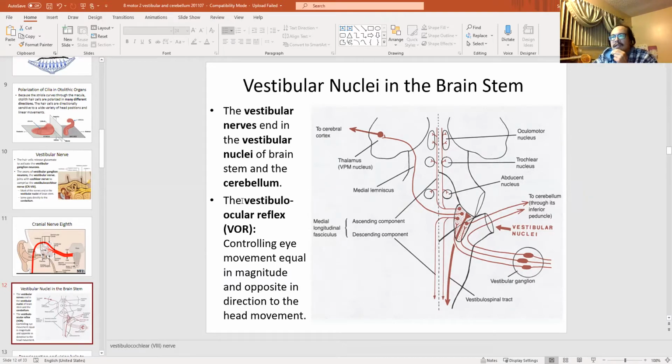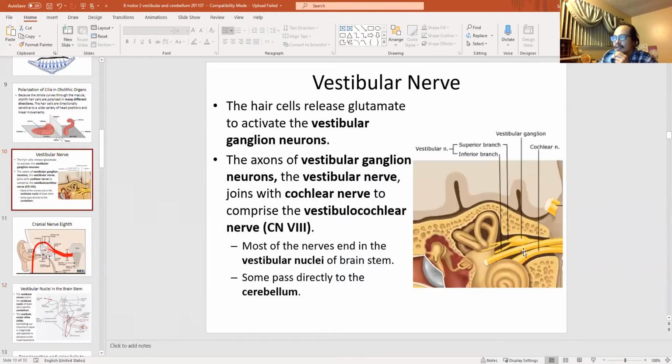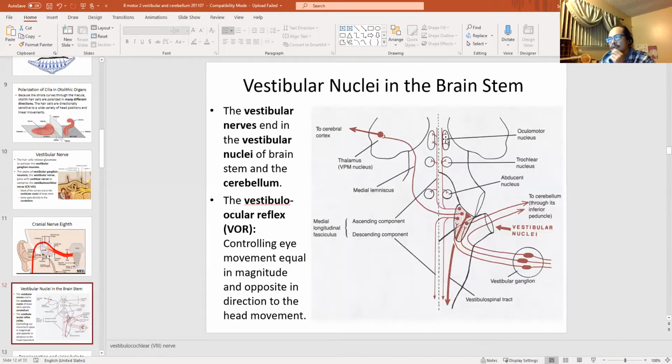The idea of the vestibulo-ocular reflex is that when we move our head, the first thing to detect the head movement is the vestibular apparatus right here in the inner ear. So it knows which direction the head is moving. Then it goes through this nucleus to control the eye movement.